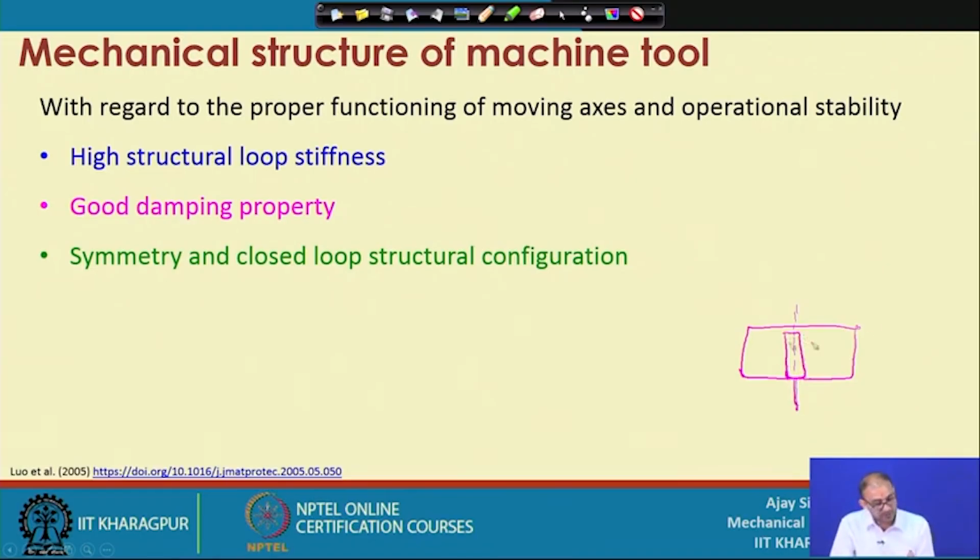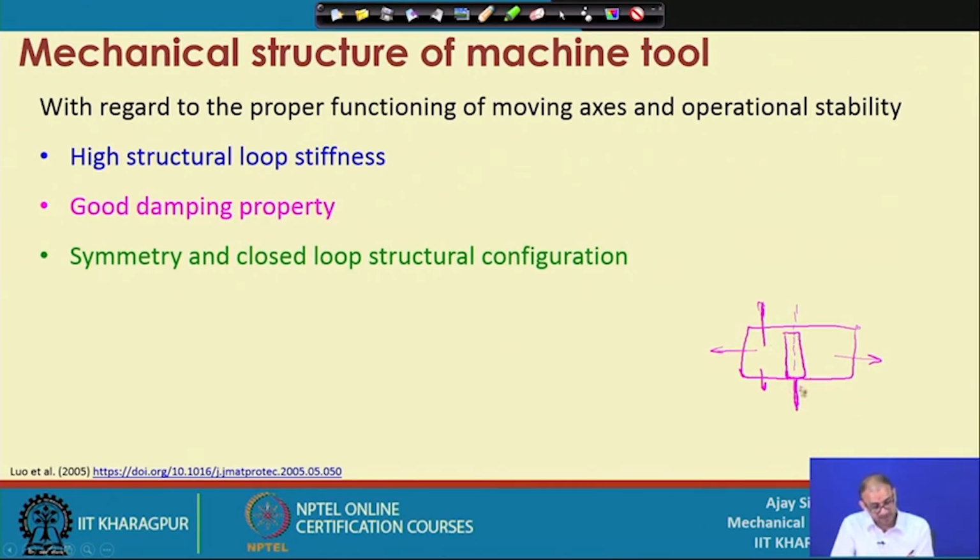So, when you come across a huge temperature variation, what is going to happen? These things will expand. If your spindle is located at the center point, even though there is expansion, nothing is going to happen, because it will still remain at the same location.